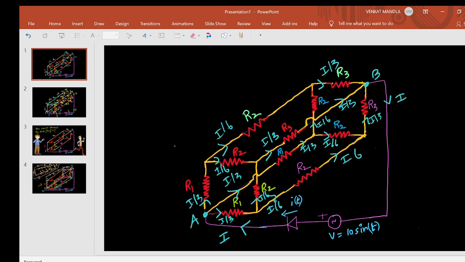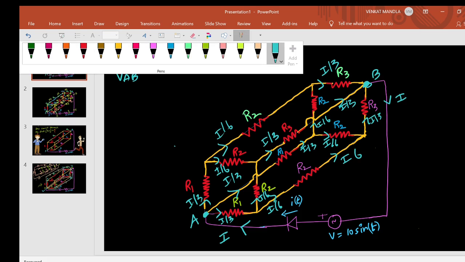Now write the KVL here. Equivalent resistance we need to find out between A and B. So VAB equals, take any path, write the KVL. I am taking the outermost path.